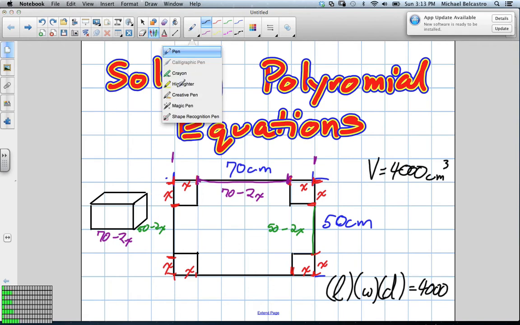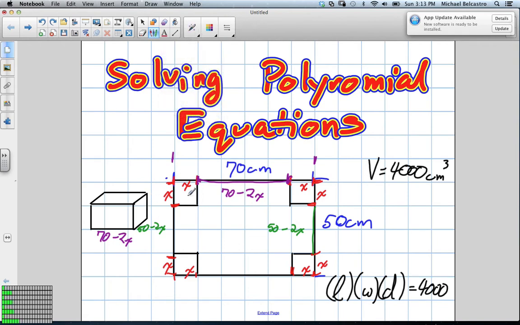What is the height of this box going to be when we fold these up? In other words, this will be the height once it's folded, right? How long is this side here? X, that's right. So the height of this is x. Okay, so we now have a length, a width, and a depth. We'll call it d for the x there.